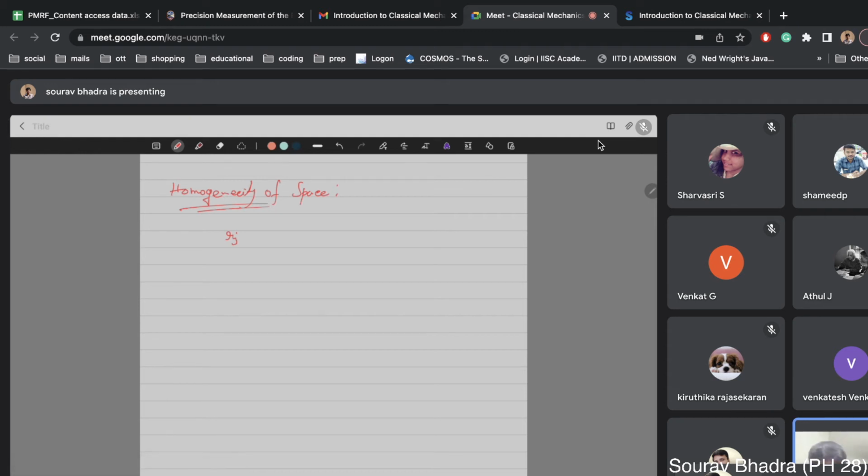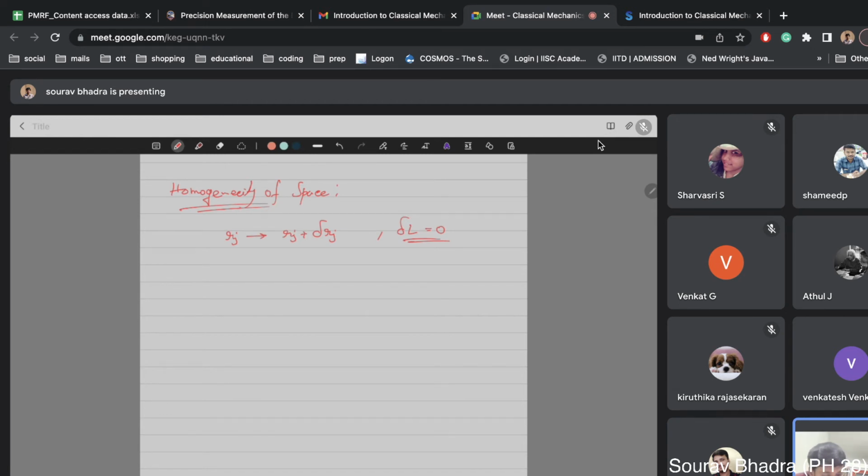Now if we displace this point, Rj, by an arbitrary small displacement delta Rj, then according to homogeneity of space, there should not be any change in your Lagrangian. So delta L must be 0 for that system. Okay, now how this will give you the conservation of linear momentum, that I will show.